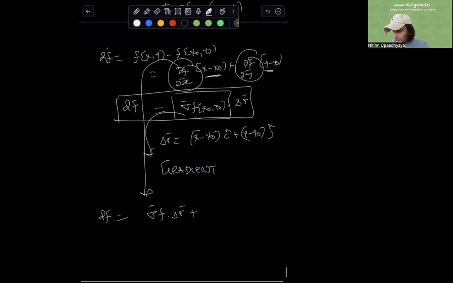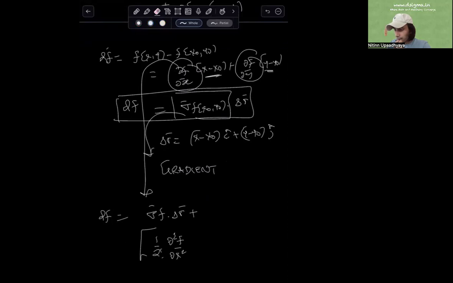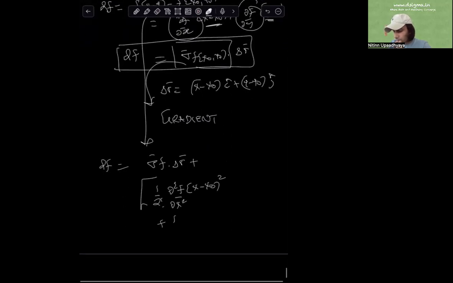So these higher order terms look something like this. It's 1 over 2 factorial del 2f del x square, and all of these terms are evaluated at the location x naught comma y naught, right? This is getting multiplied with x minus x naught square. Plus I have 1 over 2 factorial del 2f del y square multiplying y minus y naught square.